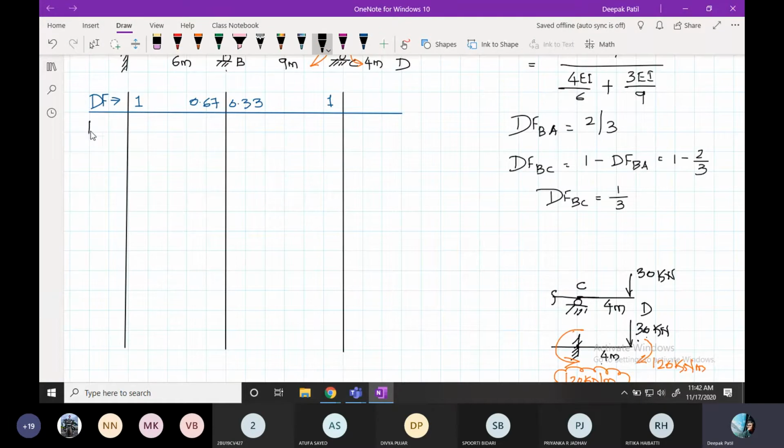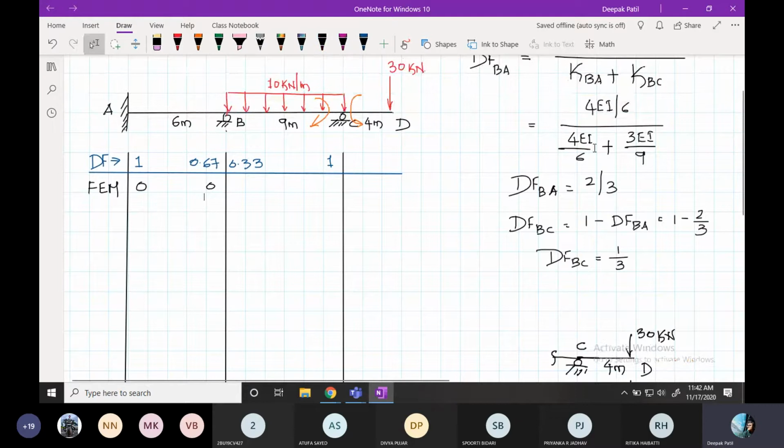So next you have to write the fixed end moment. Fixed end moment here will be 0, 0, because you can see span AB is not having any load. And here, how will you calculate the fixed end moment for this one? That is WL square by 12.